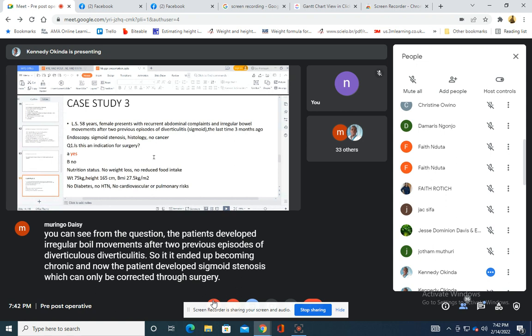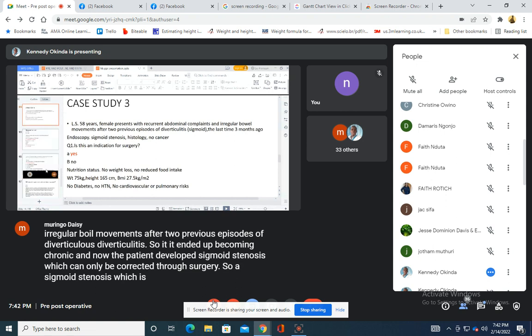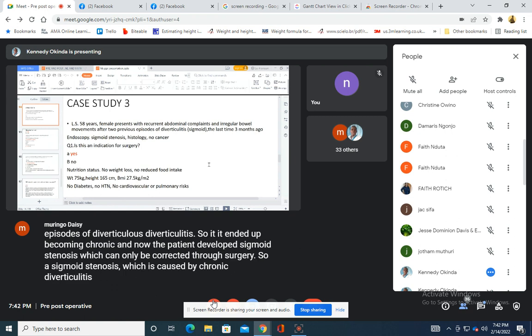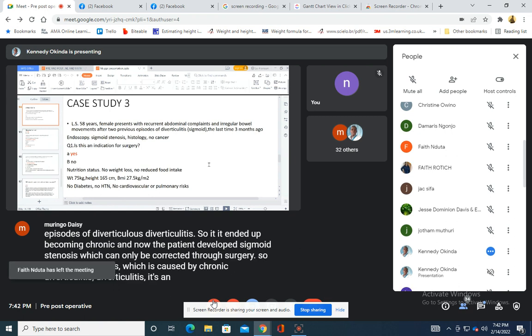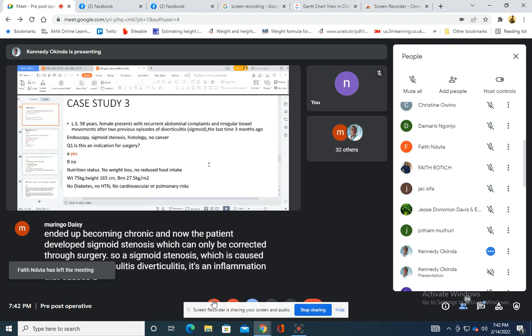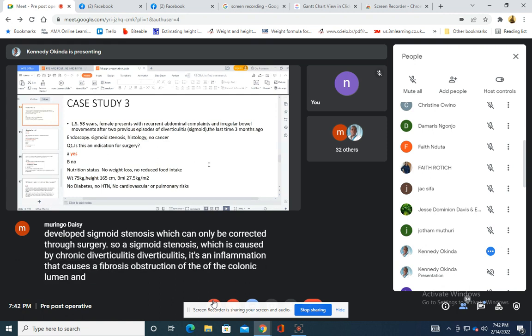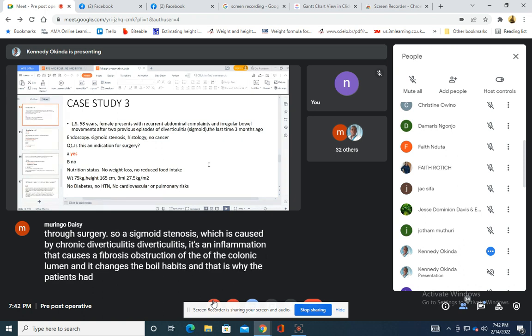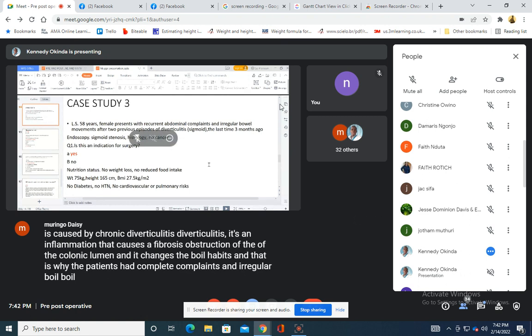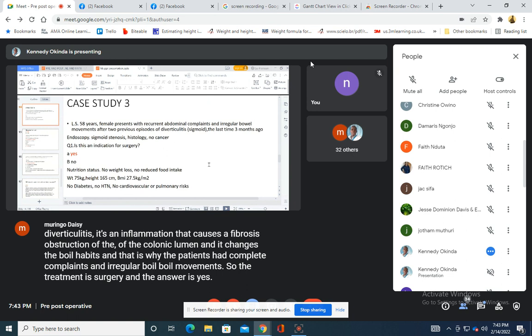Chronic diverticulitis is an inflammation that causes fibrosis and obstruction of the colonic lumen, and it changes the bowel habits, and that is why the patient had complaints and irregular bowel movements. So the treatment is surgery, and the answer is yes.